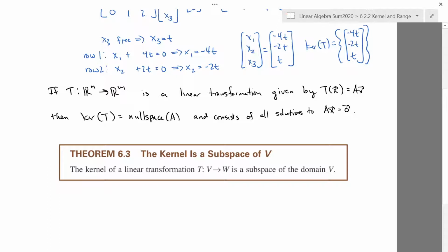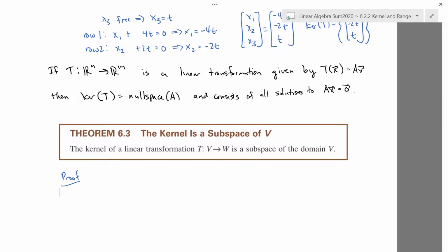It's not hard to see why this is true. To prove it, we just need to prove the two conditions of our subspace: closure under vector addition and closure under scalar multiplication.